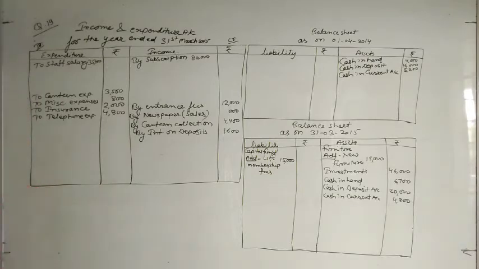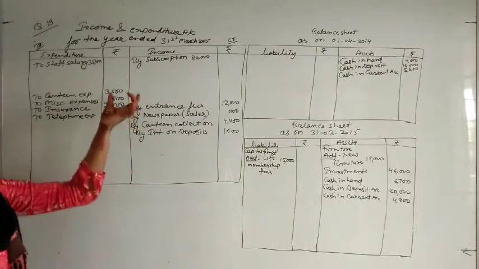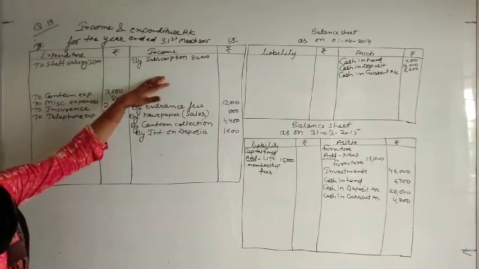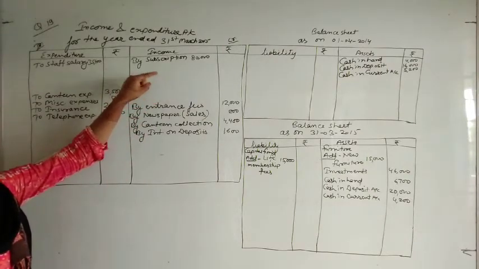Now let's move on to additional information. Point number 1 is outstanding subscription. As we cleared this point when we were discussing the subscription, outstanding subscription of last year will be deducted from subscription and the current year's will be added.